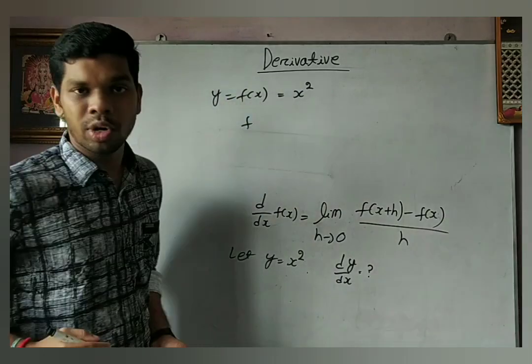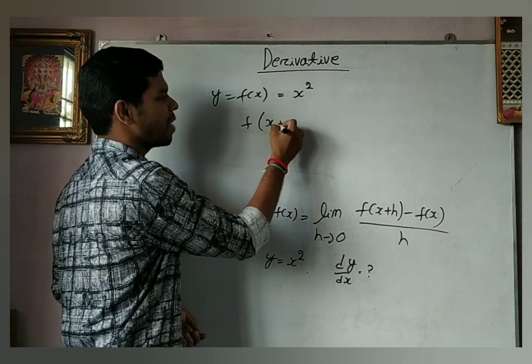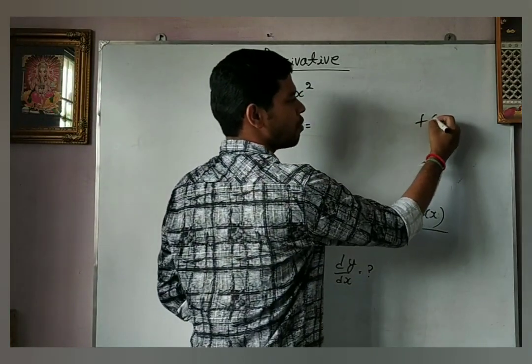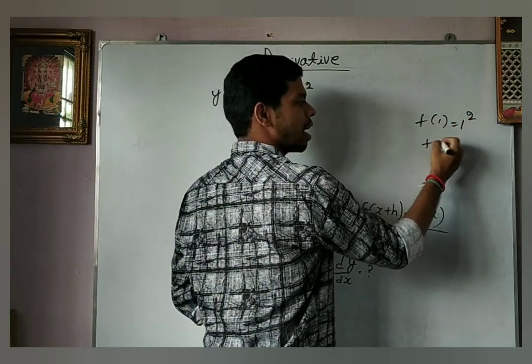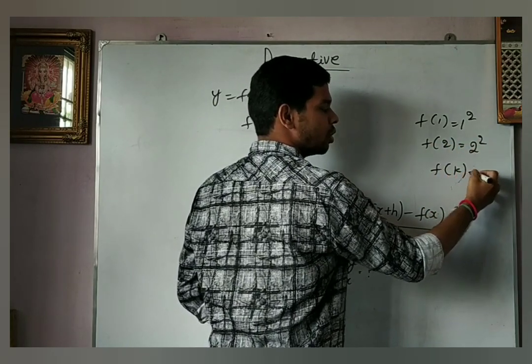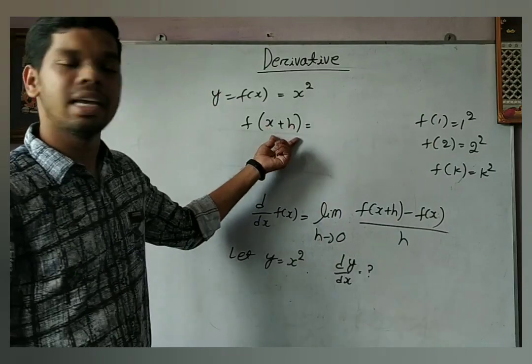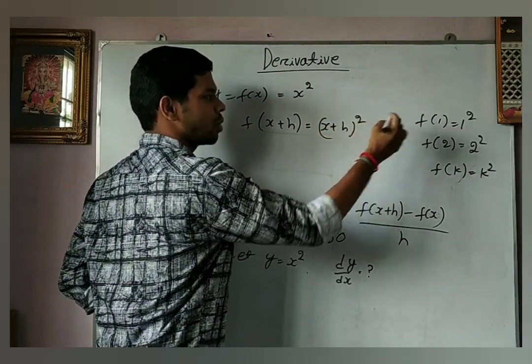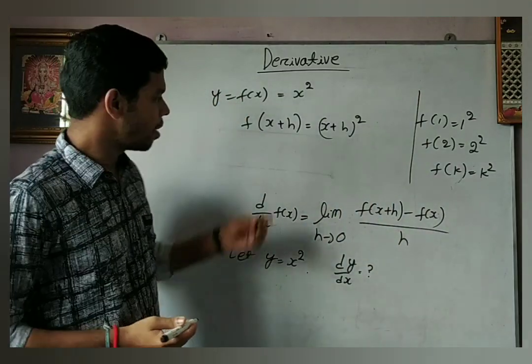If f of x equal x square, f of 1 equal to 1 square, f of 2 equal to 2 square, f of k equal to k square. Similarly, f of x plus h equal to x plus h whole square. Yes or no?